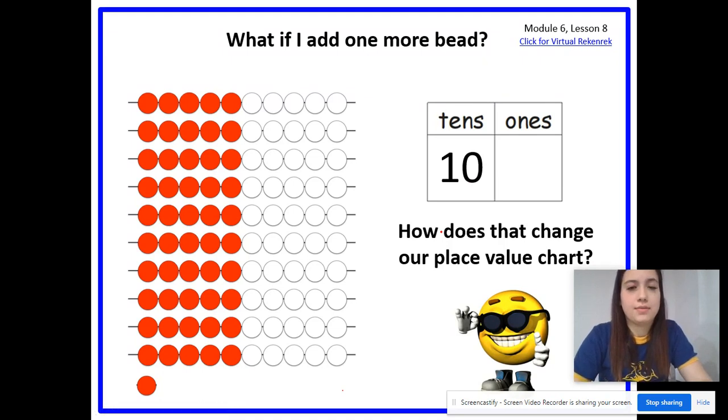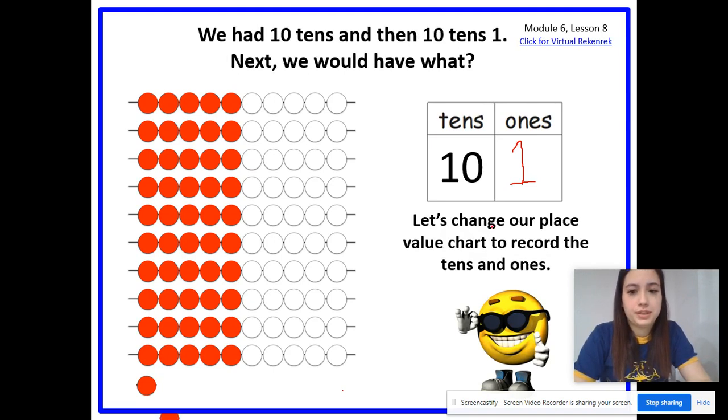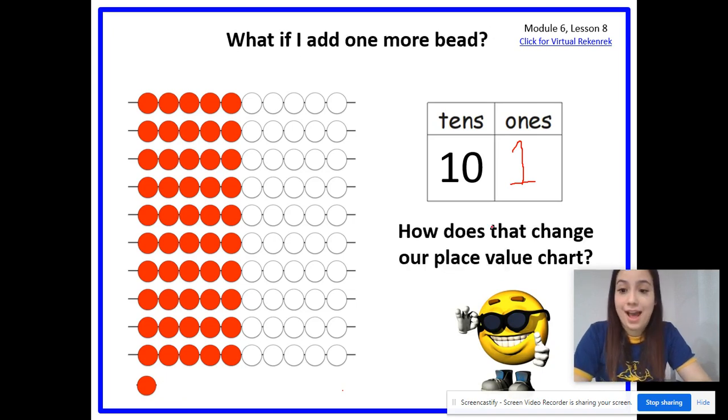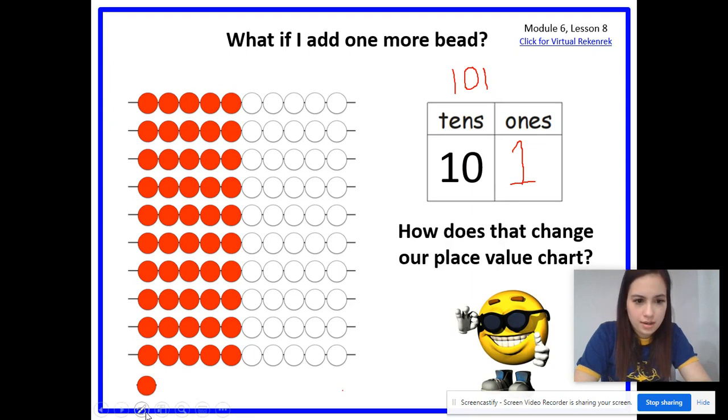Say it out loud, get ready. Yeah, right? Because at first I had 0 ones and now I have 1. So 10 tens and 1, it's the same as, get ready. Yes, boys and girls, 101. Just like that. This is in regular and this is in the place value chart, okay?